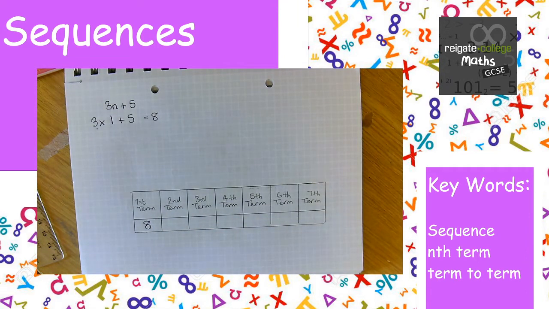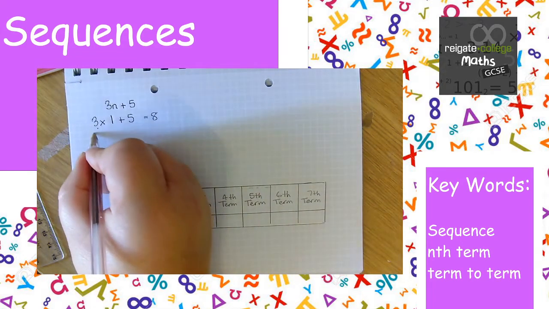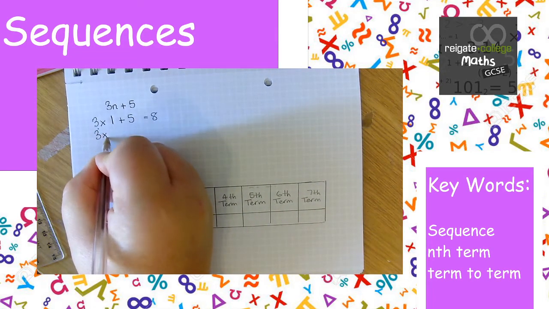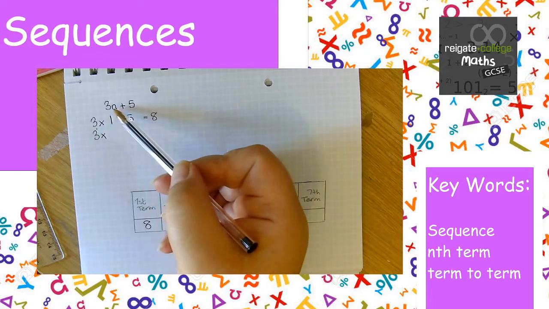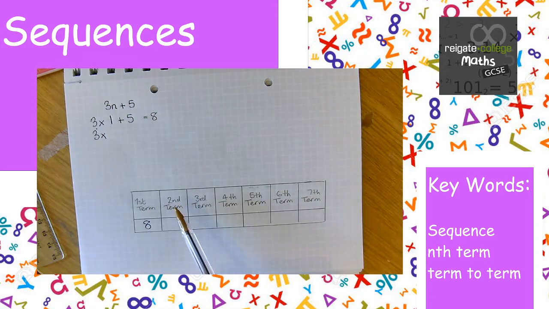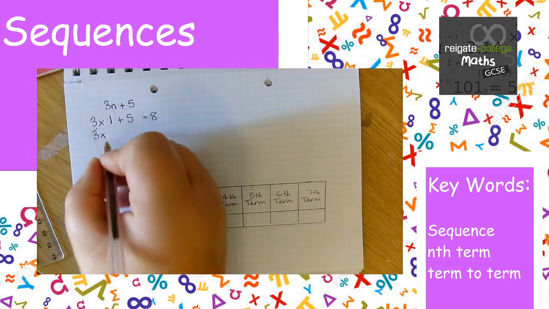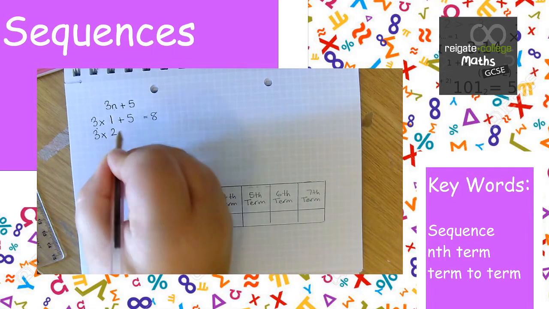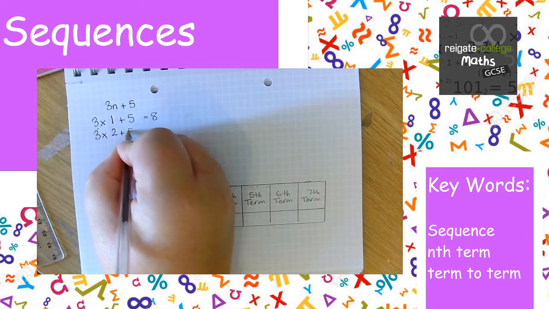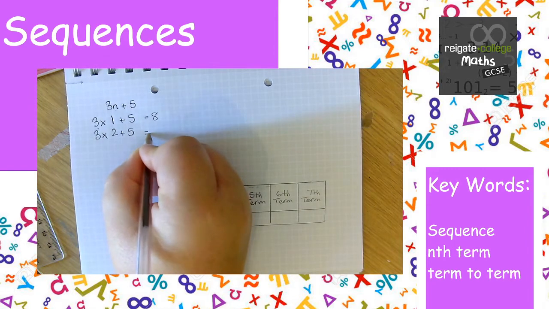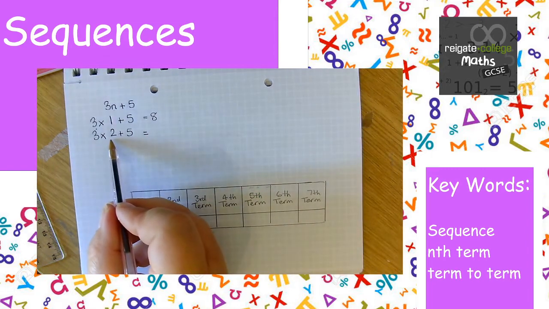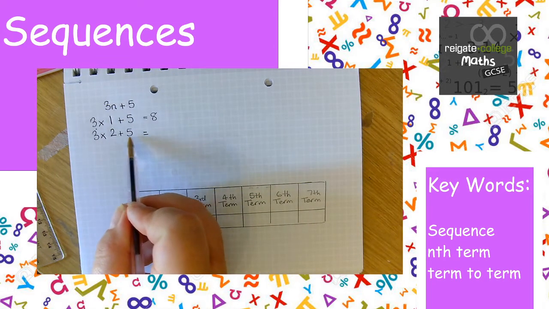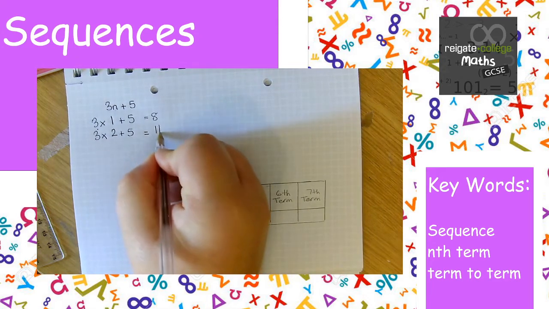I'm going to calculate the second term. 3 times whatever value I give to n, and in the second term n is 2, plus 5. 3 times 2 is 6 plus 5 is 11.